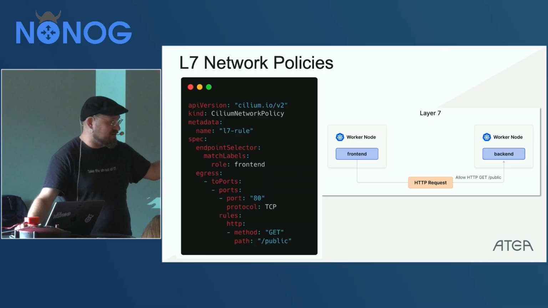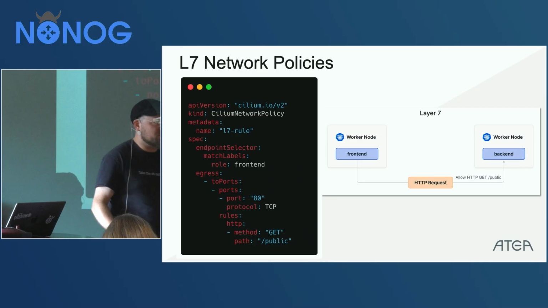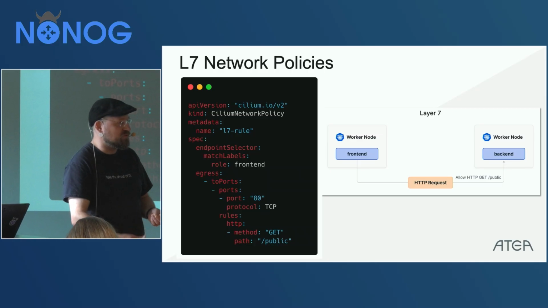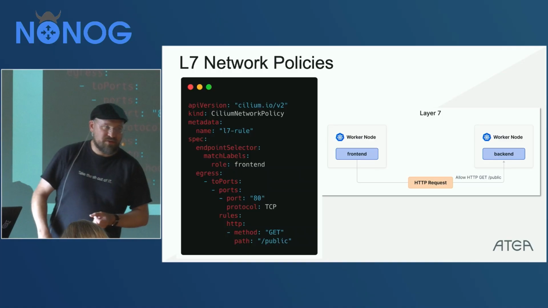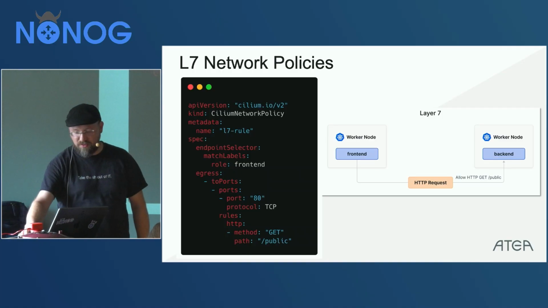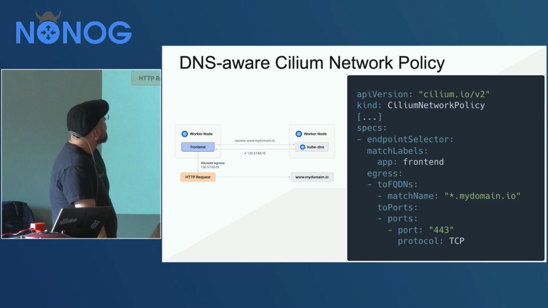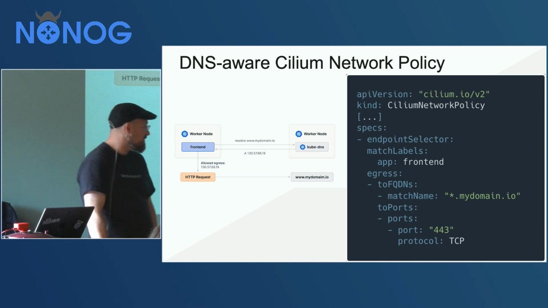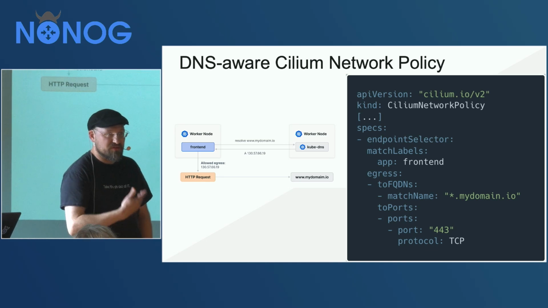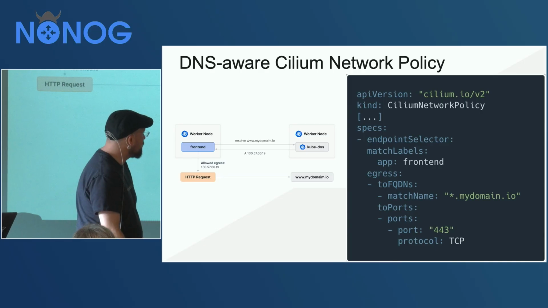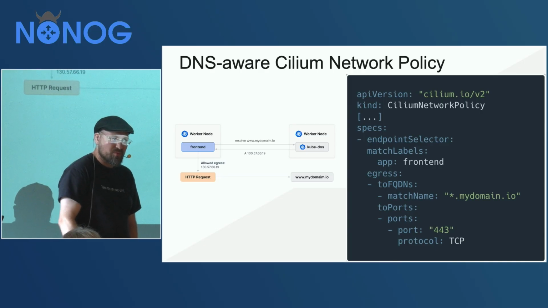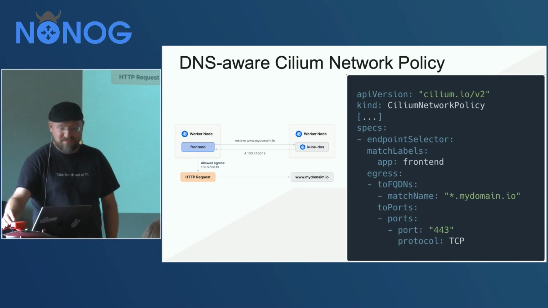And this is where the whole eBPF part comes into play, because you just fetch it in the kernel when the traffic goes through there. And it's aware of DNS, so you could actually do that with DNS names instead of IP addresses if you want, which should make sense today.